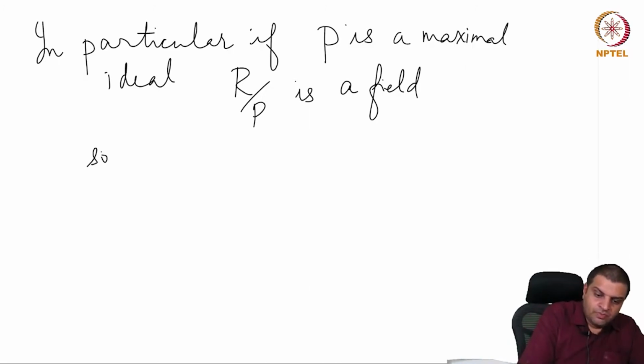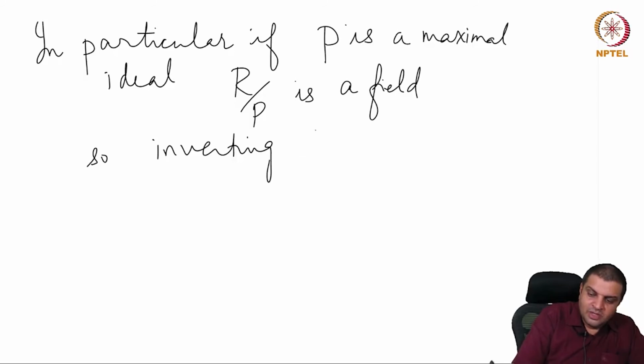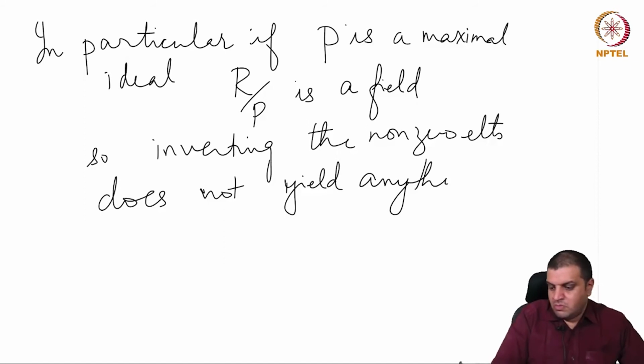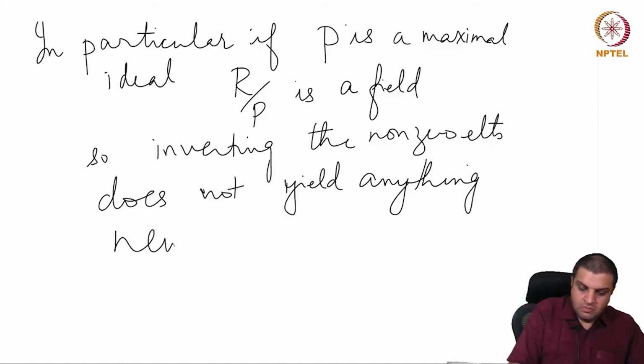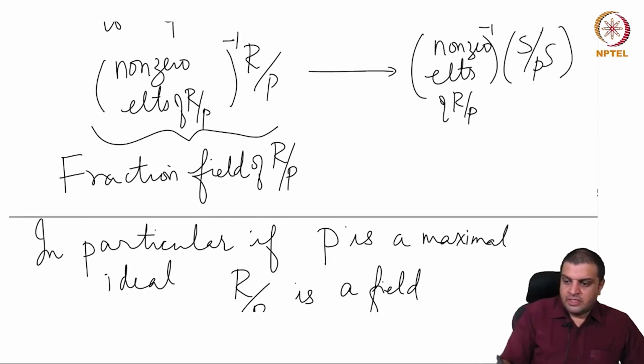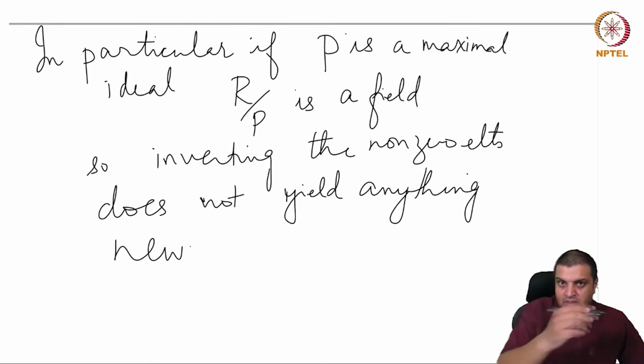So inverting the non-zero elements does not yield anything new. This is an important point, which will be useful when we go back to analyzing that parabola.